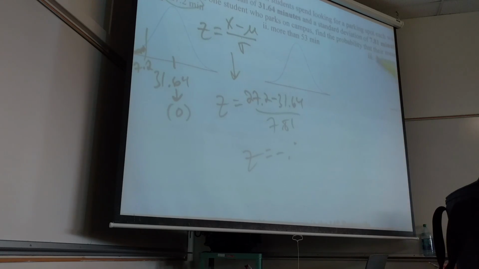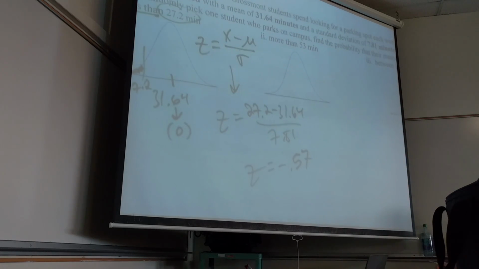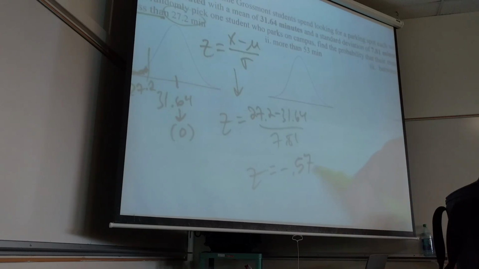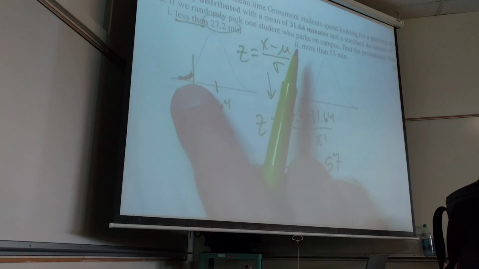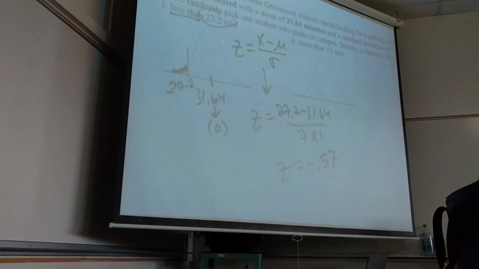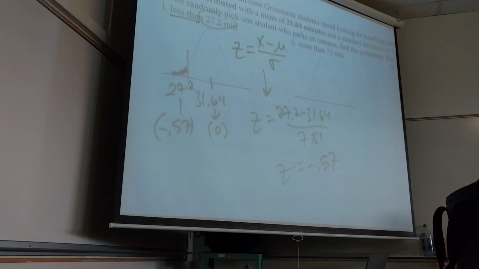So, how many places do you think I'm going to round this to? 2, because the chart goes out 2 places. So negative 0.57. Truly round. Don't make it 6. So now, if I look that up, will that be my answer? Yes, it will, because the question wants below and the chart tells me below. So negative 0.57 is my z-score. If I look that up, I'll find the area below, which is what the question wants.